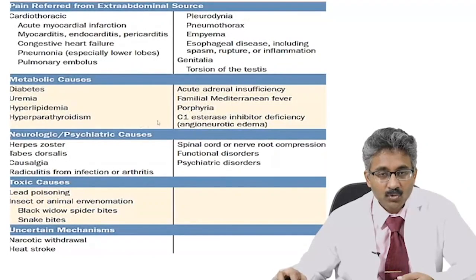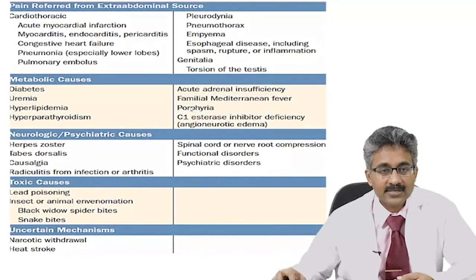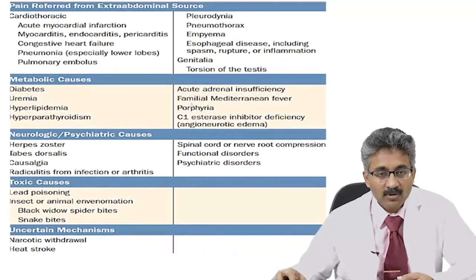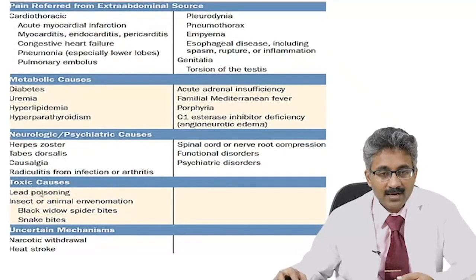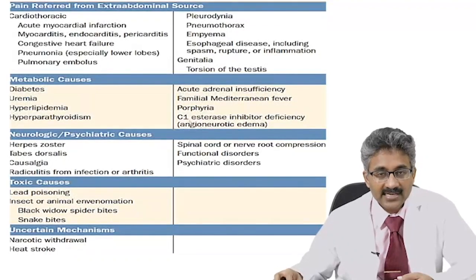Porphyria and lead both will produce hyperperistalsis of the intestine, which you may confuse with intestinal obstruction. Angioneurotic edema, C1 esterase inhibitor deficiencies. These are the metabolic causes of abdominal pain.